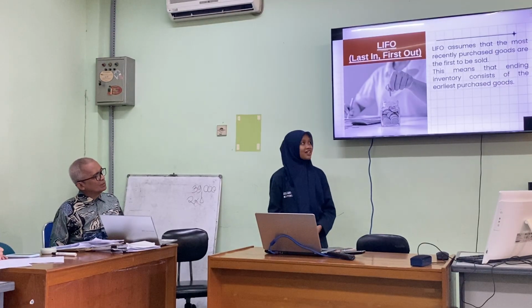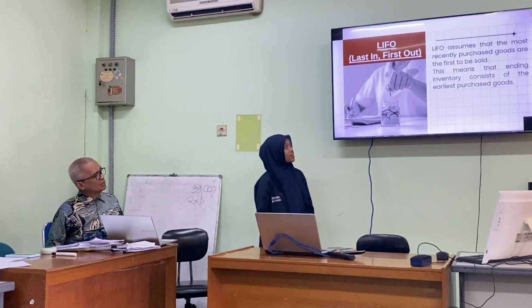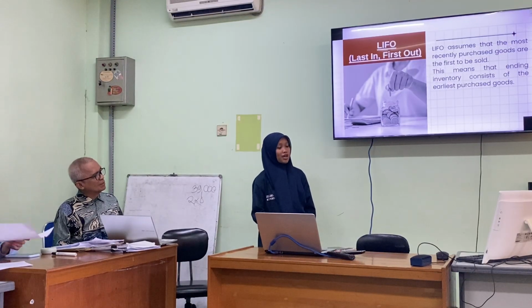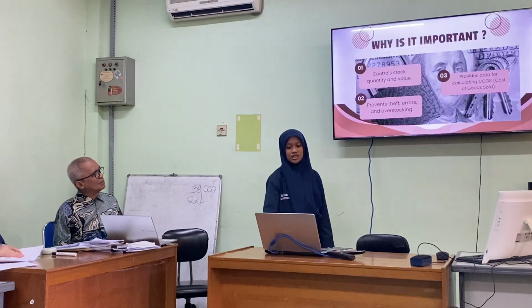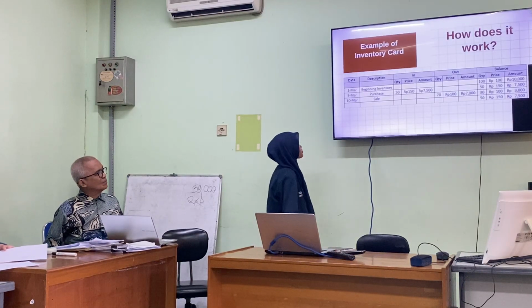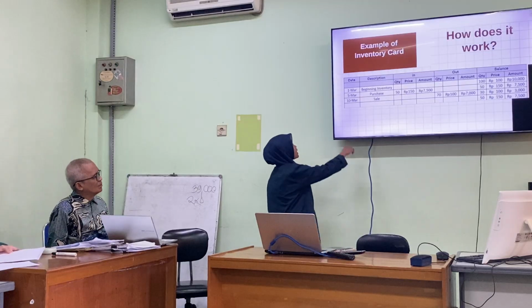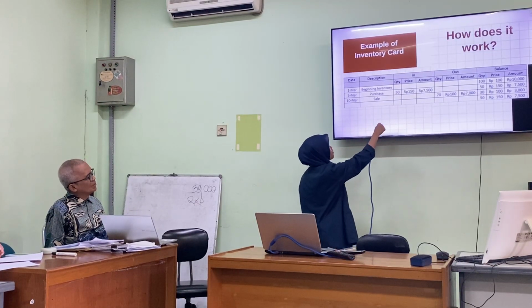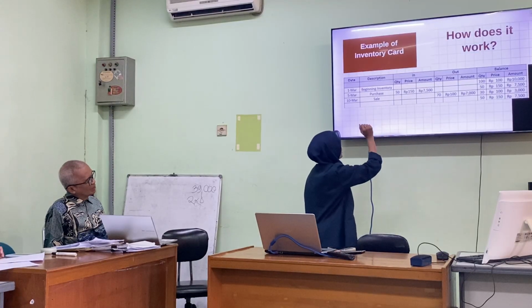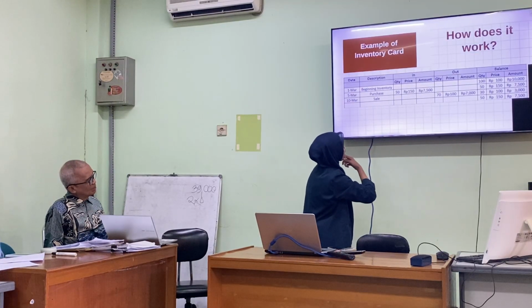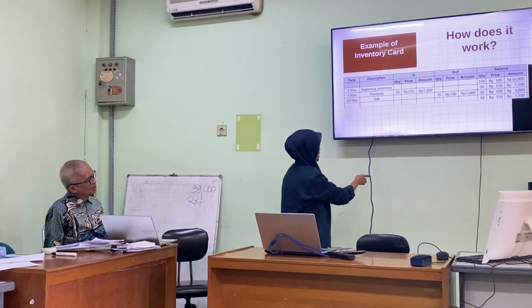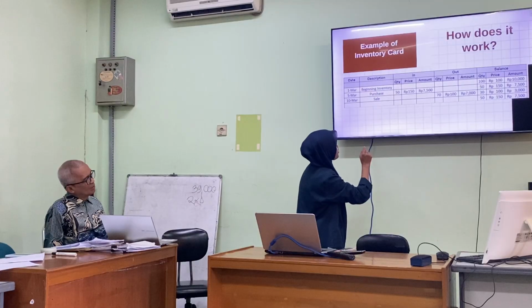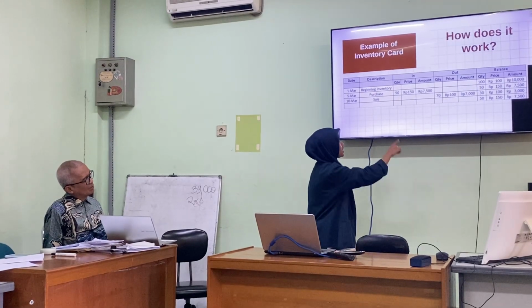With FIFO, this means that the inventory consists of the latest purchased goods. For example, the description is purchase, 50 units and unit price 150 rupiah, for an amount of 7,500 rupiah.